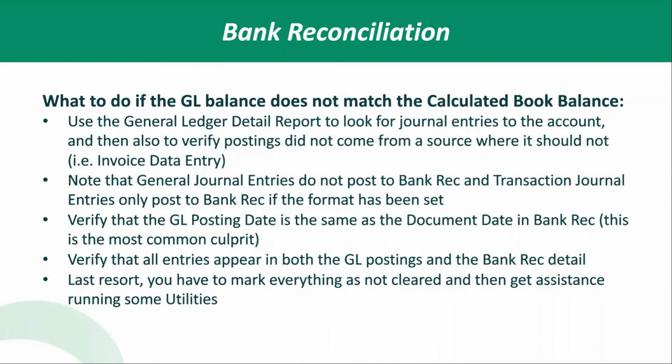Sometimes you've just got to print it out and tick it off one against the other. As a last resort, sometimes things do get out of kilter within the data files. So everything you've marked as cleared, we have to go through and unclear it, and then get our assistance. There are some utilities that Sage has that typically will bring things back in balance.